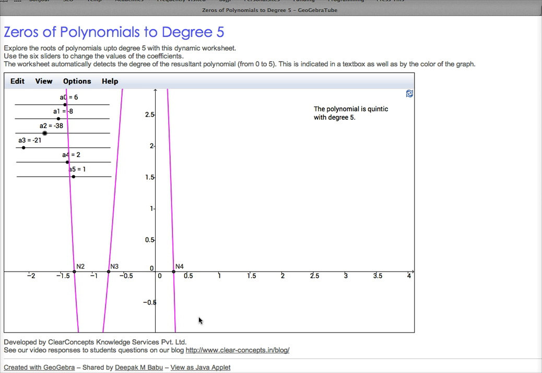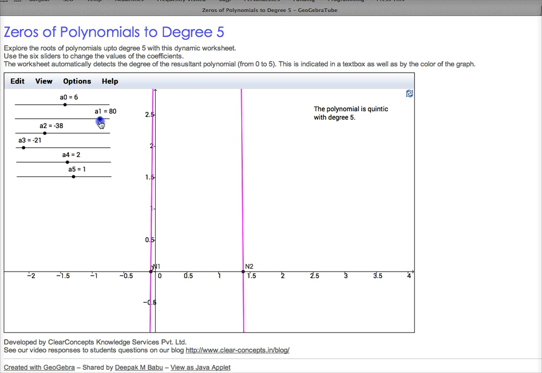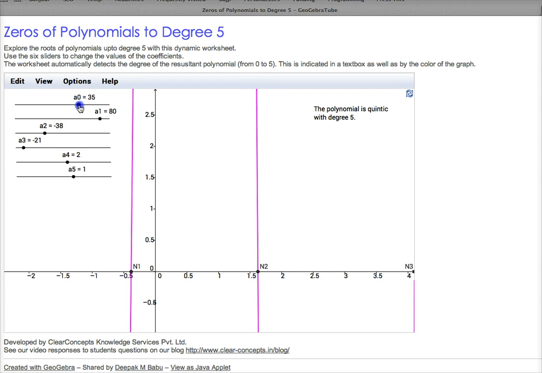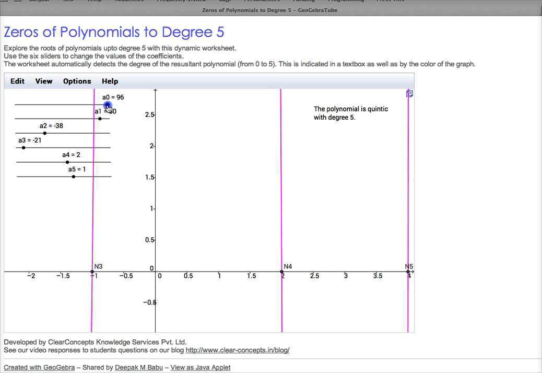It's 80x is the next term, which means a1 has a value of plus 80. Yeah, there we go. And finally it's plus 96, so a0 has a value of plus 96, which I am going to put here.